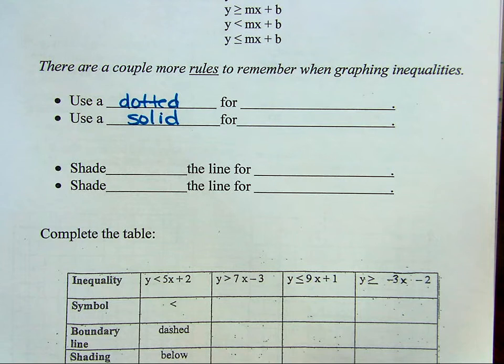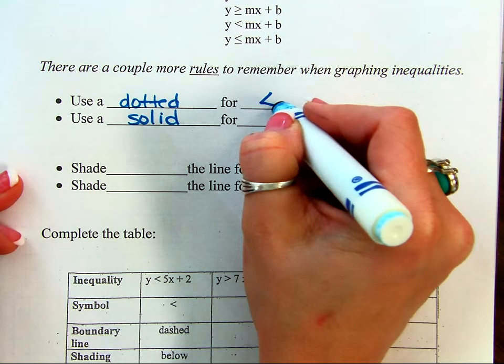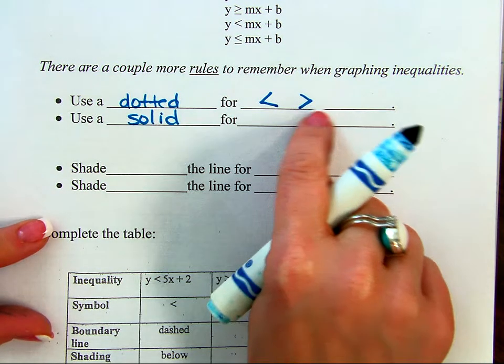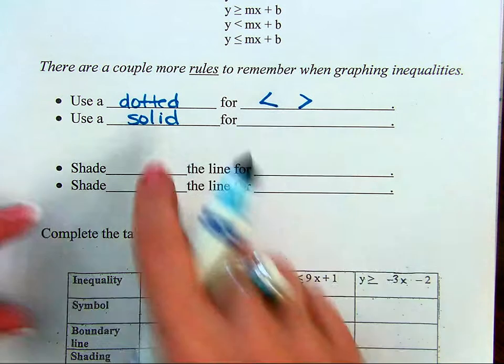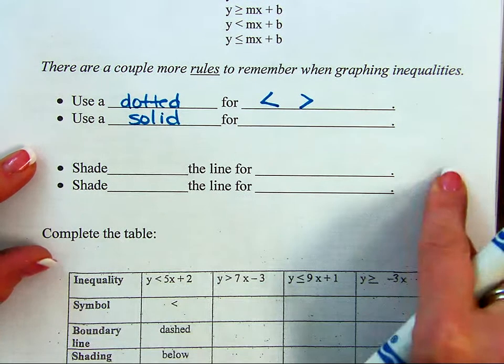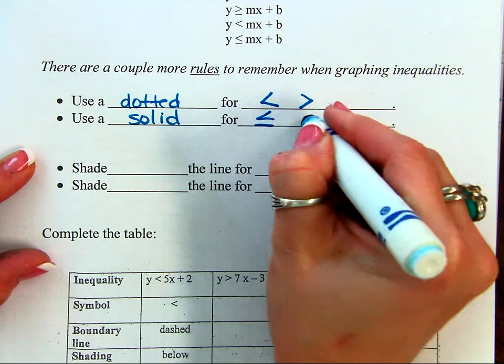Less than or greater than. Because here's my hint to you: if it's got a solid line underneath it, then the line is solid, right? So which 2 will I do a full solid line for? Yes. Okay.